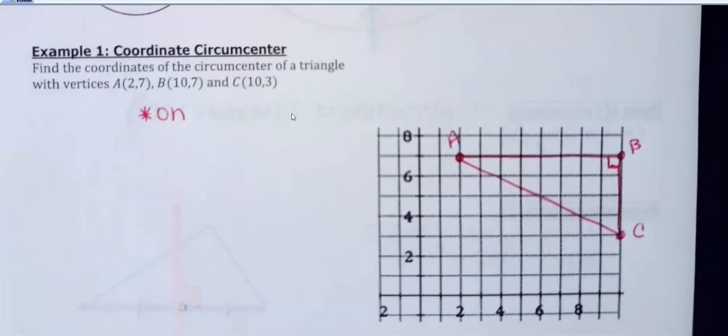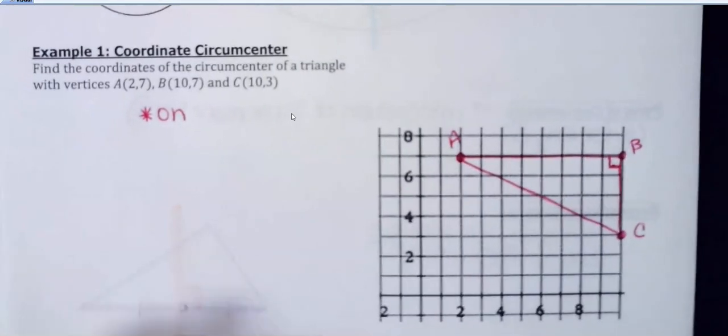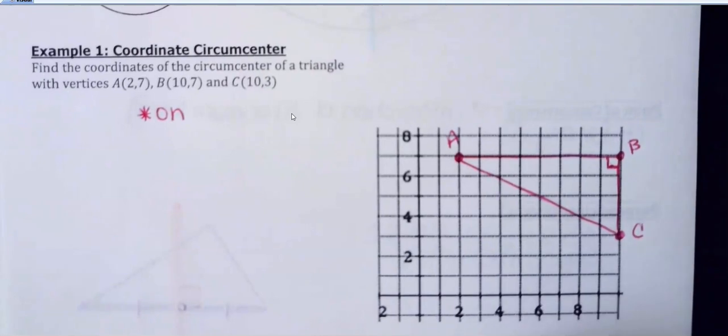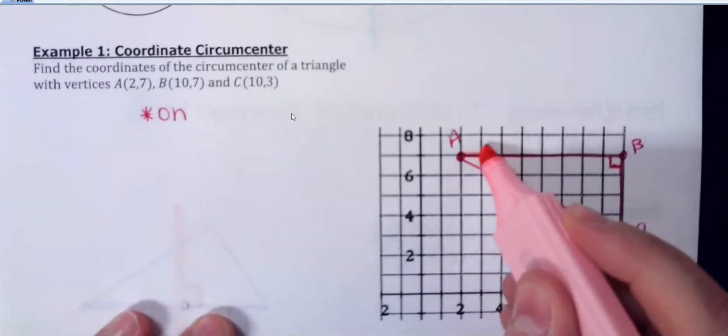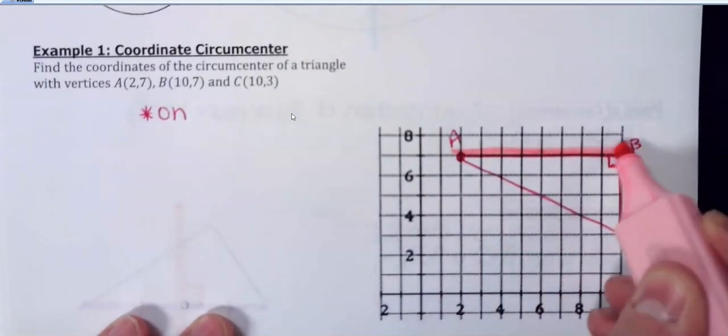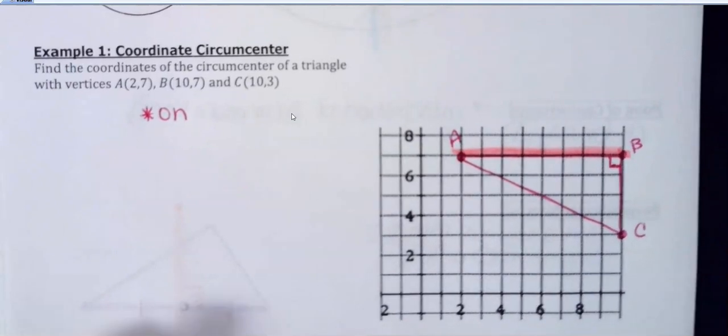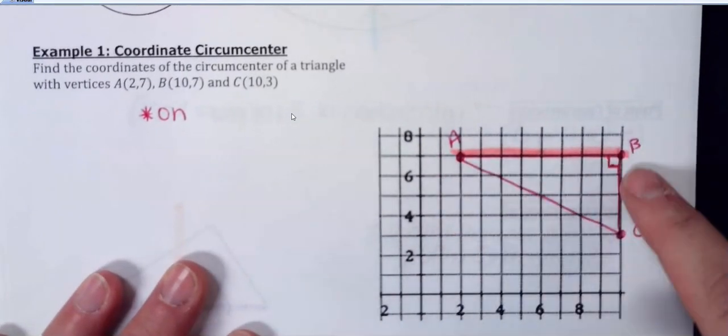Okay, now, 2 of the sides, which is what I would recommend, are really easy to find the perpendicular bisector. We're just going to sketch some straight lines here. So if I look at the side from A to B, that's a horizontal line, right? So I just need to find the middle of that. This goes from 2 over to 10.